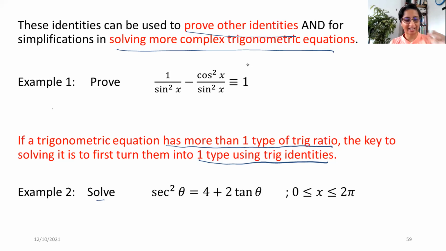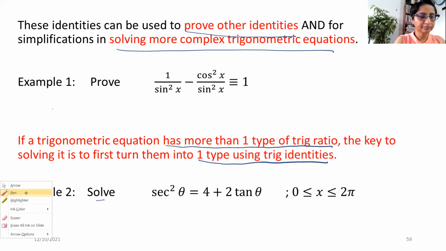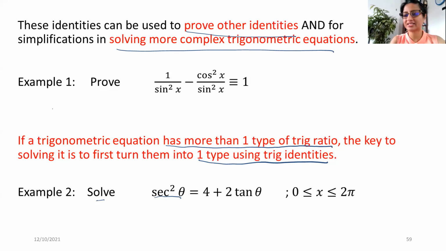Yes, Harsha, thank you. So what you can do is, we have an identity where it says sec squared theta is 1 plus tan squared theta. Right? It's an identity. So I will highlight and show.